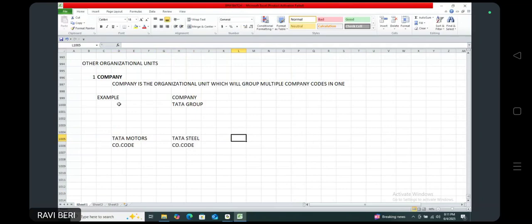Tata TCS is another company code. Take this example. So company is the organizational unit which will group multiple company codes into one.